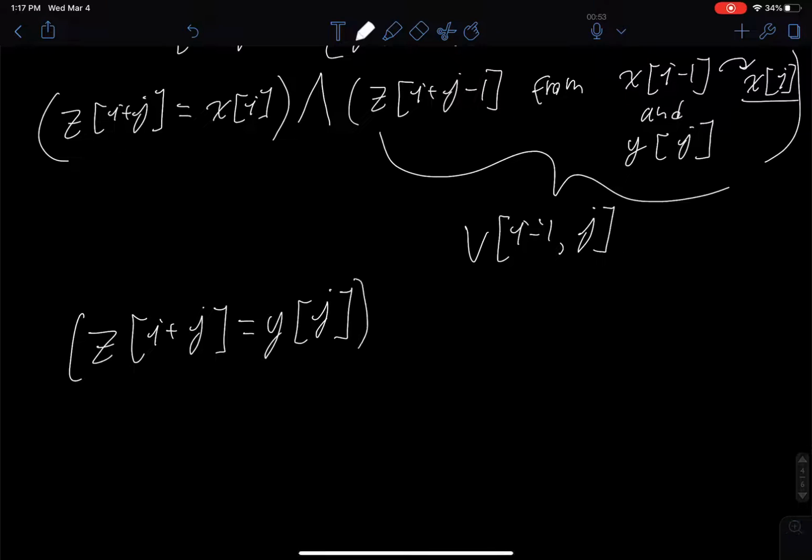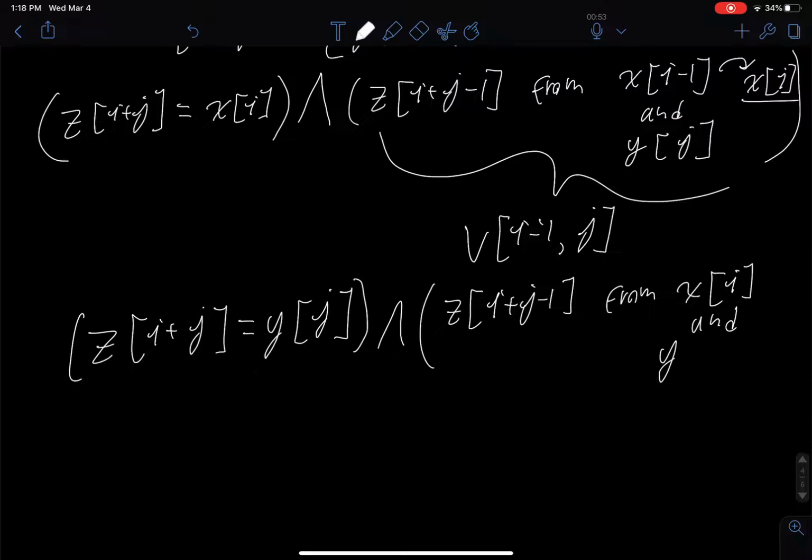In order for this to give us a valid interleaving for the first i+j characters of z, we also have to have that we can form z_{i+j-1} from the first i characters of x and the first j-1 characters of y.